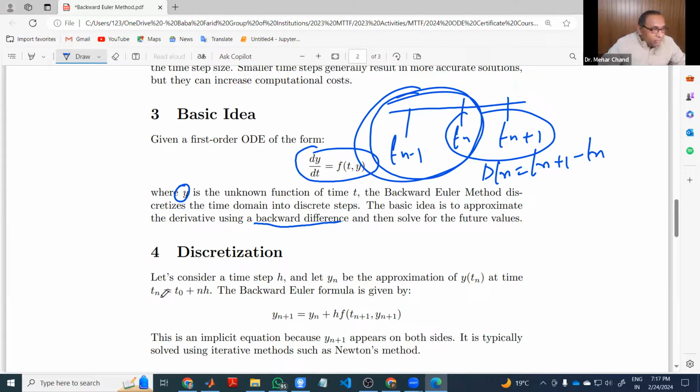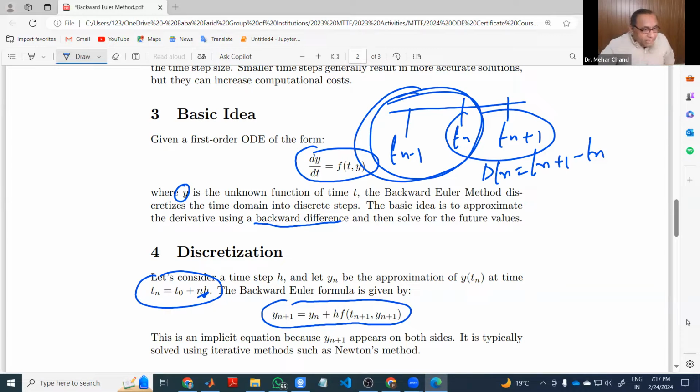By following this, we are using discretization, and you know tn will be equal to t naught plus nh. The backward Euler formula, you can observe at this place very clearly, is yn plus 1 equal to yn plus h f(tn plus 1, yn plus 1).